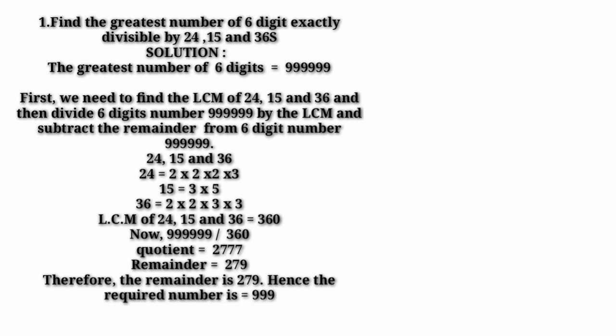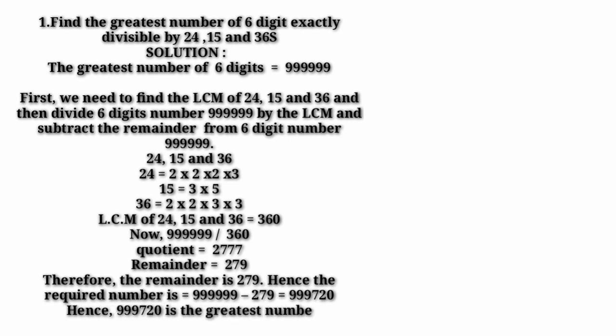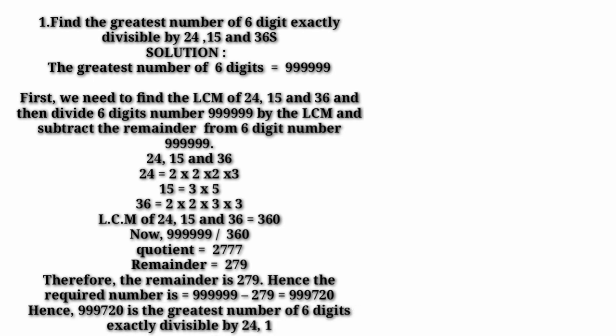Now 9,99,999 will be divided by 360. So we get quotient 2777 and the remainder is 279. Hence the required number is 9,99,999 minus 279.